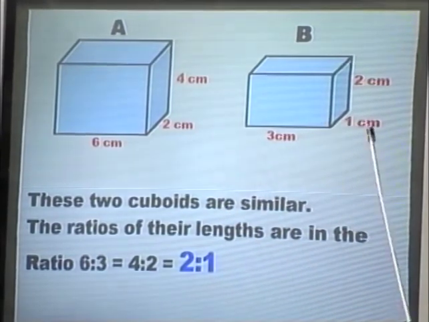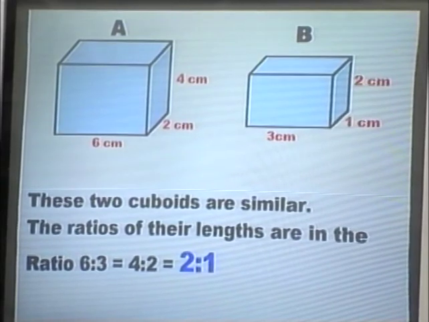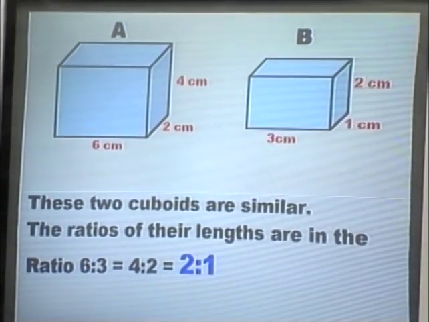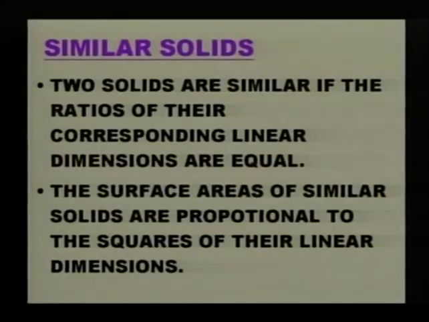So their corresponding linear dimensions are proportional. They're supposed to be in the same ratio. Okay, if we go back, that's the first thing there. It says two solids are similar if the ratios of their corresponding linear dimensions are equal.